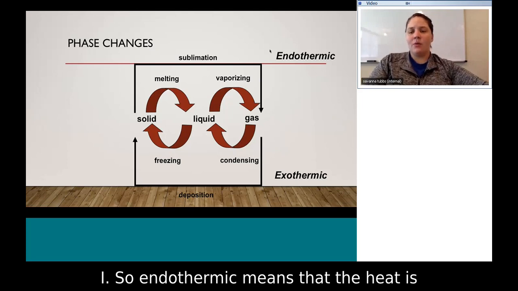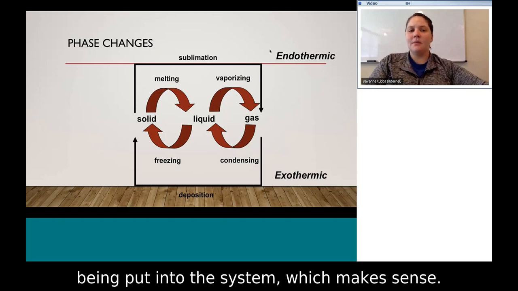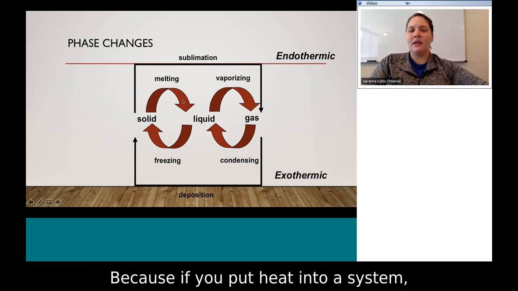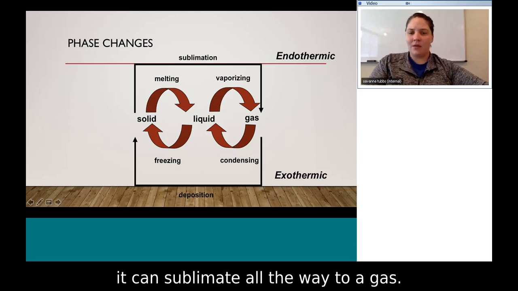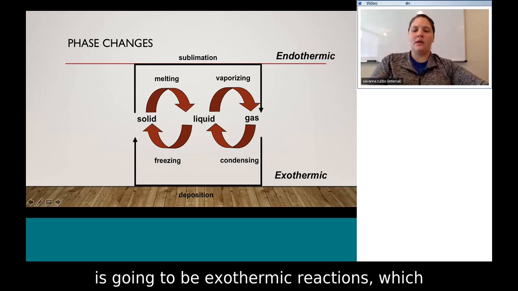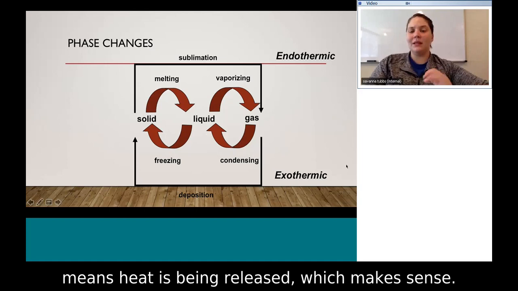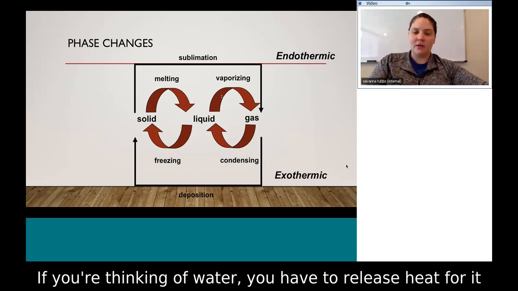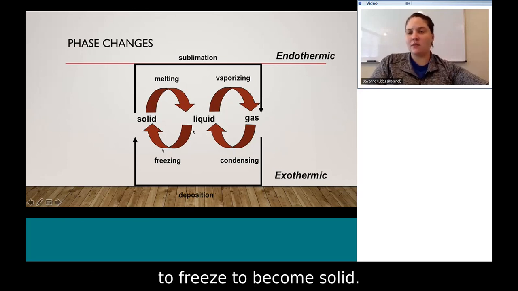Endothermic means that heat is being put into the system, which makes sense because if you put heat into a system, it can sublimate all the way to a gas. The bottom section of this diagram is going to be exothermic processes, which means heat is being released, which makes sense. If you're thinking of water, you have to release heat for it to freeze to become solid.